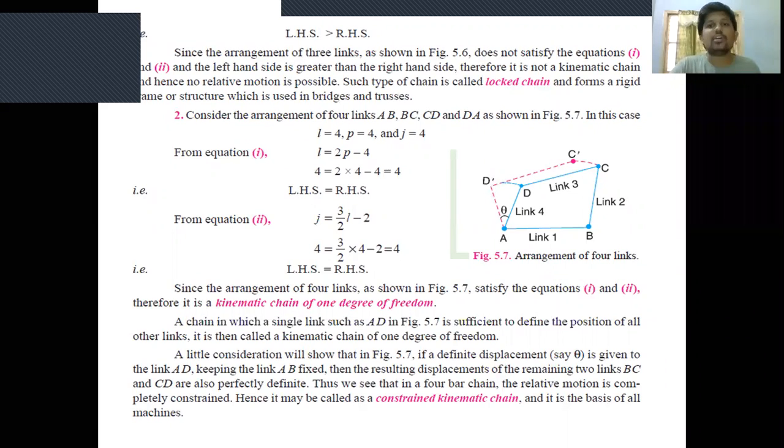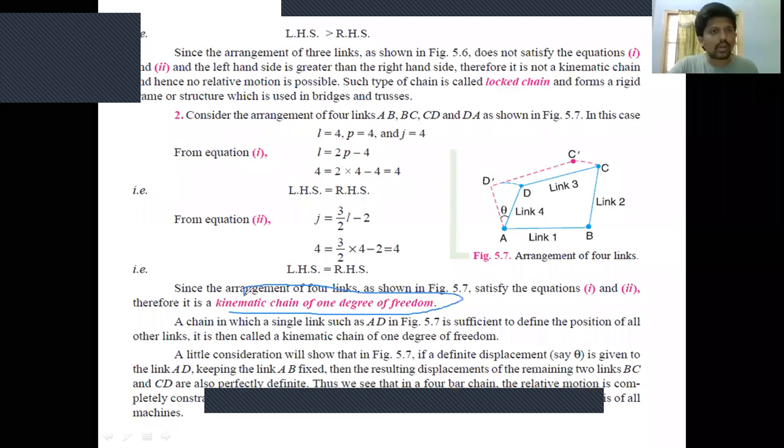Right? Next, if LHS is equal to RHS, the kinematic chain has 1 degree of freedom. How can we define degree of freedom? Degree of freedom is something which lets us know how many parameters we need to define a motion. Take an example.